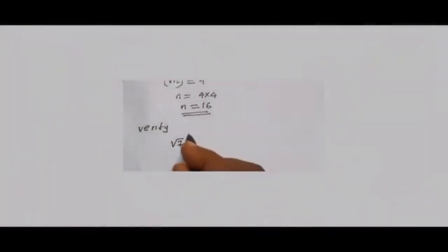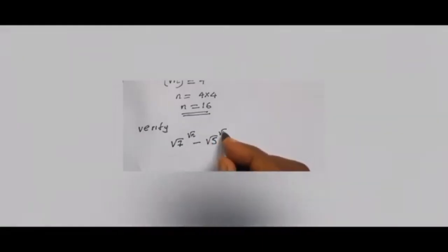Let us verify whether it's true or not that n equals 16 in our equation, which is 7 raised to root n minus 5 raised to root n equals 24.